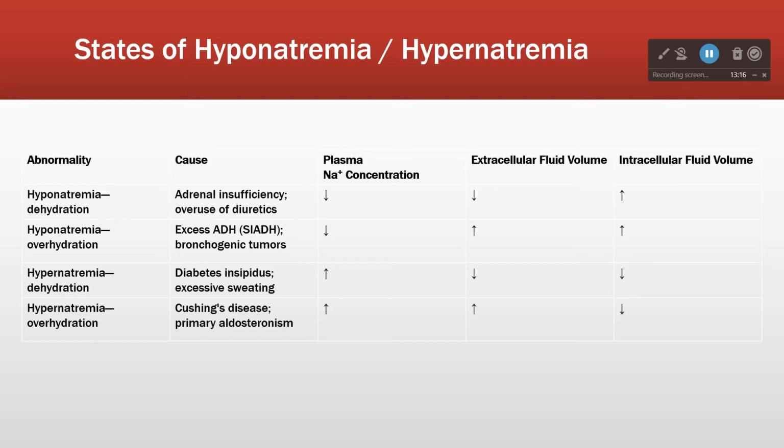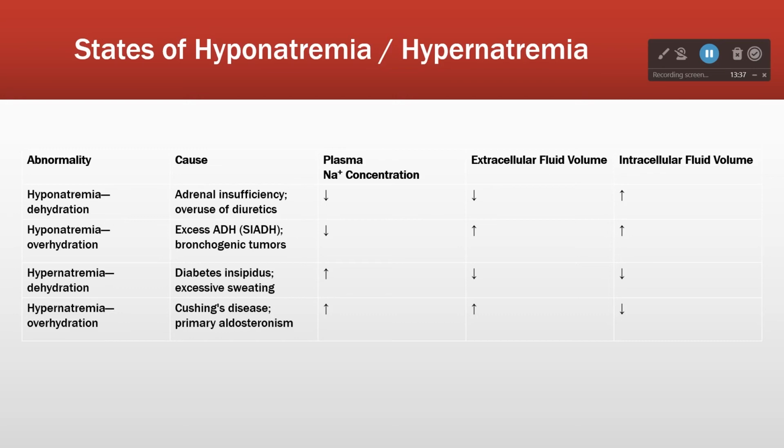Hyponatremia with overhydration, much more common. So when you see a low sodium level, first thing you should think, fluid overload. Why? It could be a central effect. Antidiuretic hormone causes us to retain fluid.